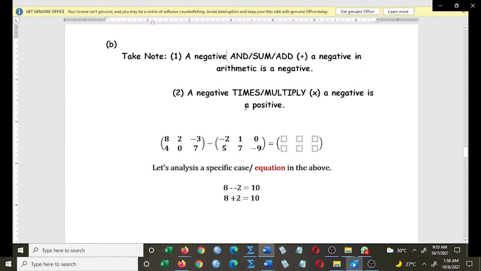I see, you're solving for point number 1, which is 8 minus negative 2 equals 10. So which keyword do we have to use there to justify the 2 negatives turning into a plus? She used "and". She said a negative and a negative. That's why she used a plus.